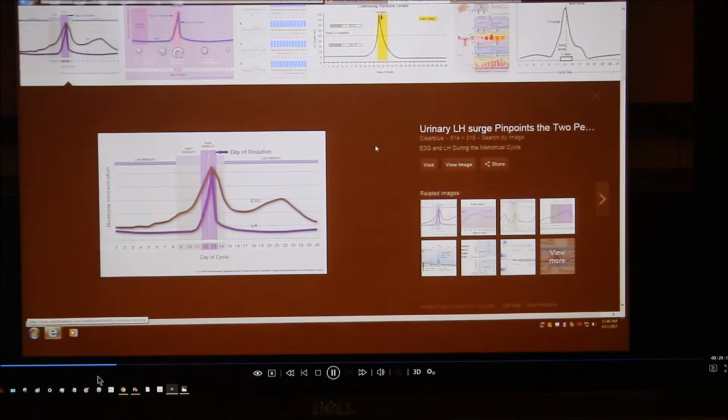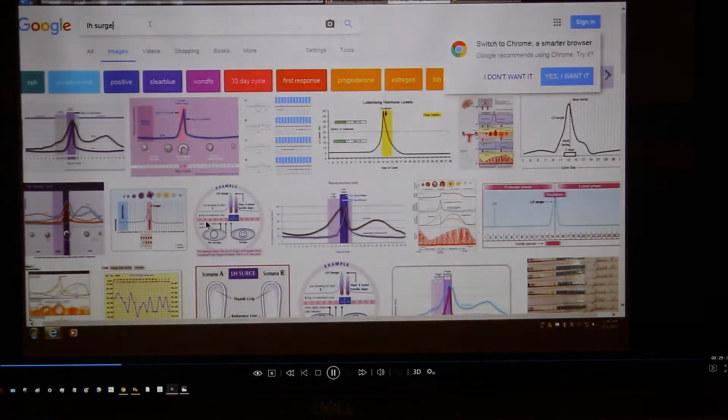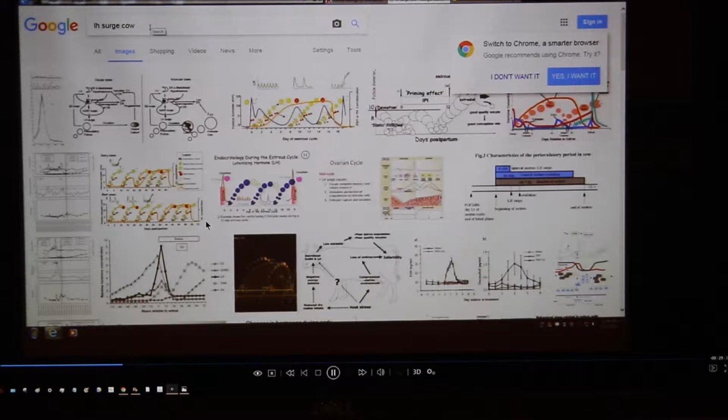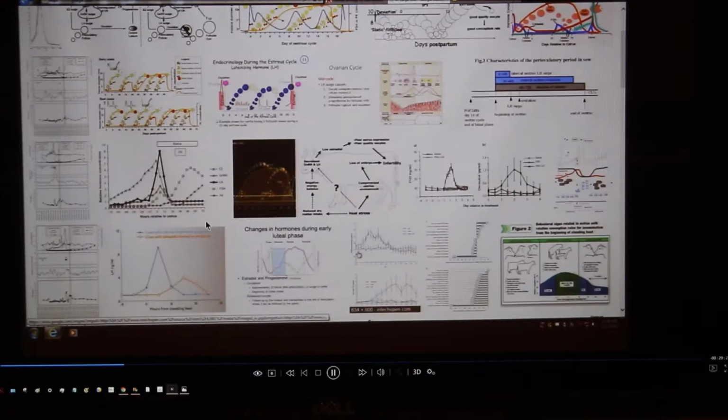And so I am going to point out the LH surge. It's this dark purple, and this is actually in the human. The women still have the LH surge, but I think what I did is I tried to find an example from a cow, because a cow would be more straightforward and might show some more data as well.